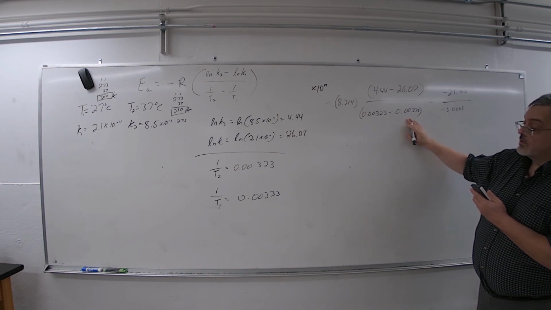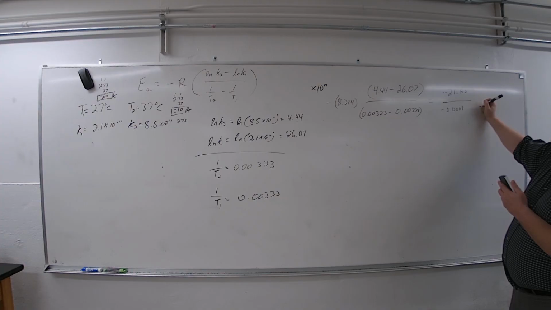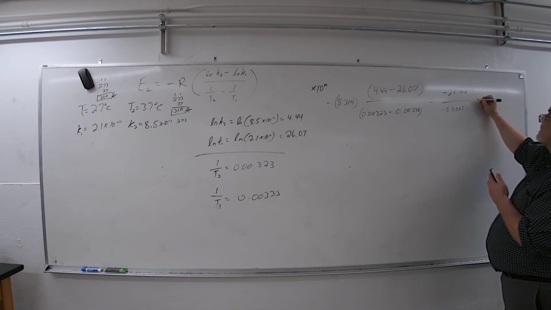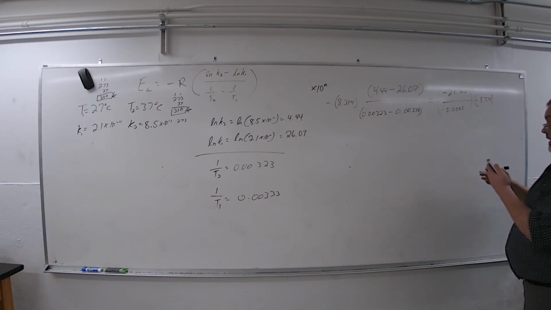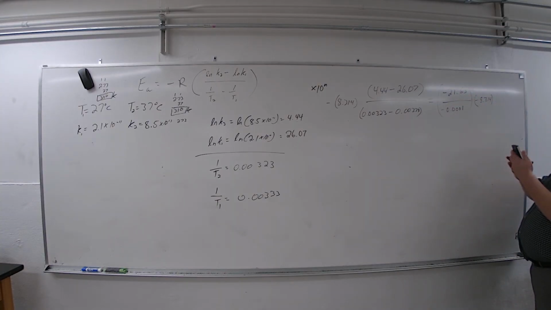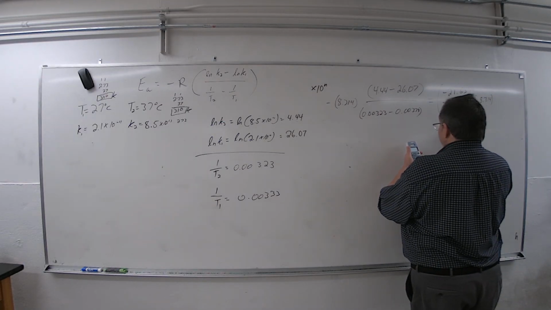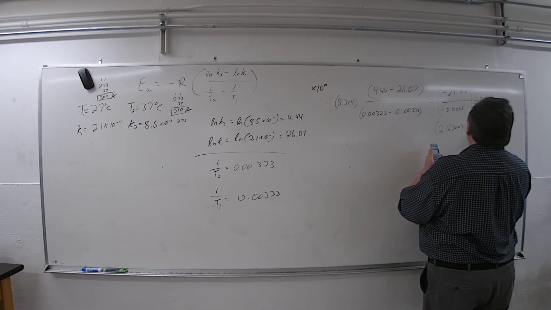T2 minus T1. Oh yes, they're both negative. Yeah, that's right. And we've got to multiply by negative 8.314, so it'll come out positive. Okay. 21.63 divided by 0.0001. I get positive 216,300 negative.